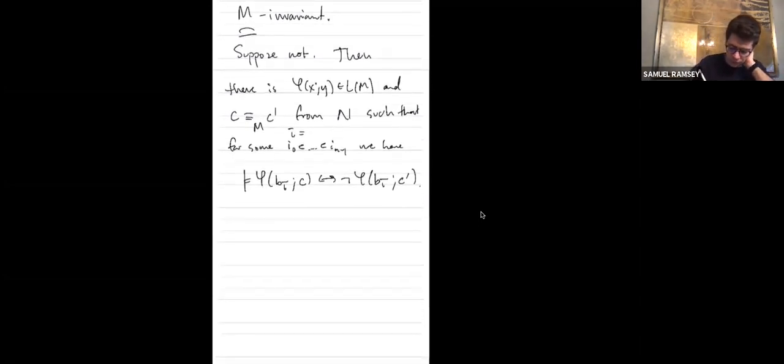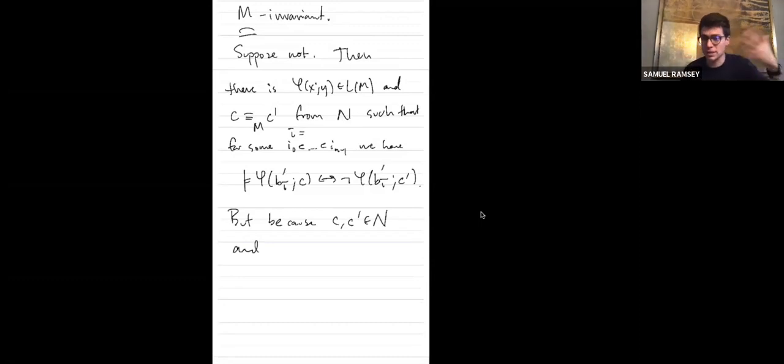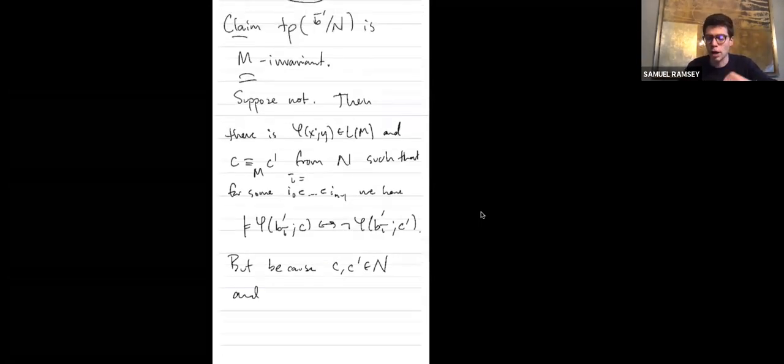All right, but because C and C prime are tuples from N, and oh shoot, these should have primes here. I'm sorry, because remember this is in our indiscernible sequence. So remember, we're trying to prove the type of B prime over N is M invariant.